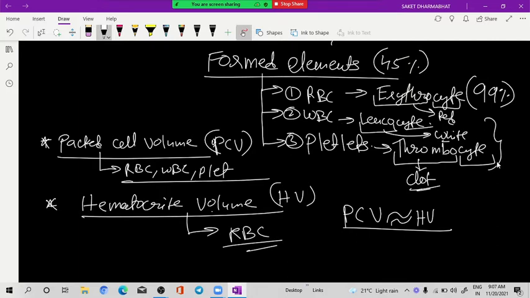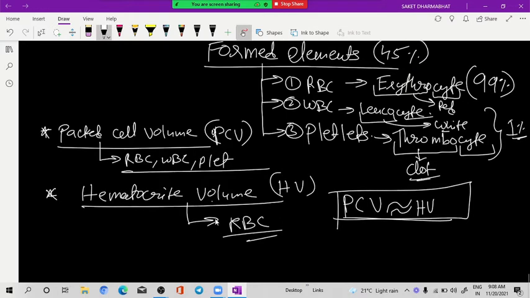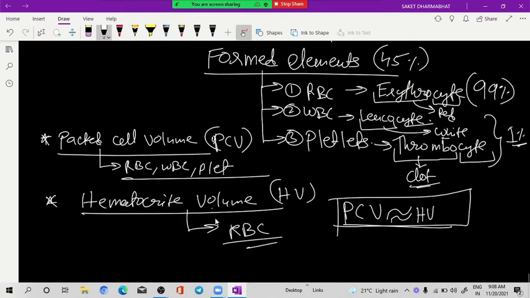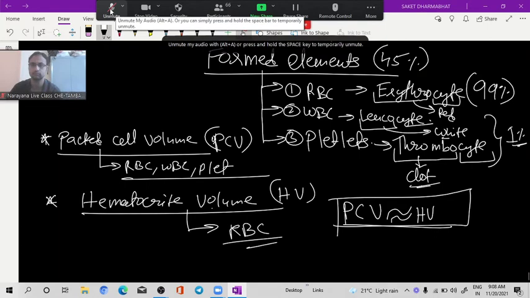Whereas WBC and platelets contribute only 1% in the total number of blood corpuscles or formed elements. Understood? So packed cell volume and hematocrit volume are nearly equal to each other.